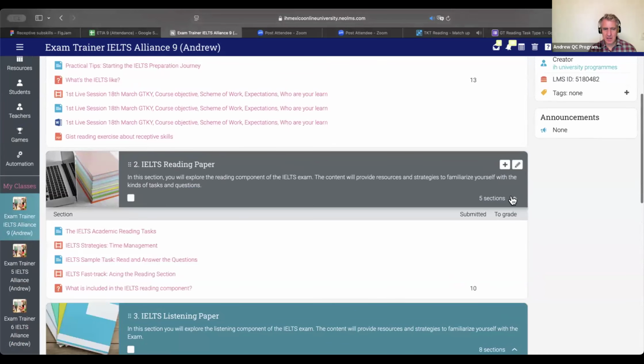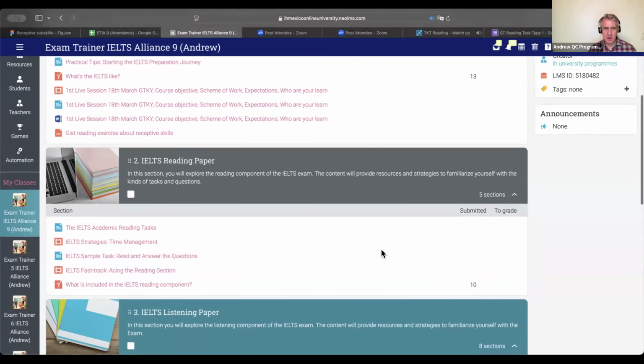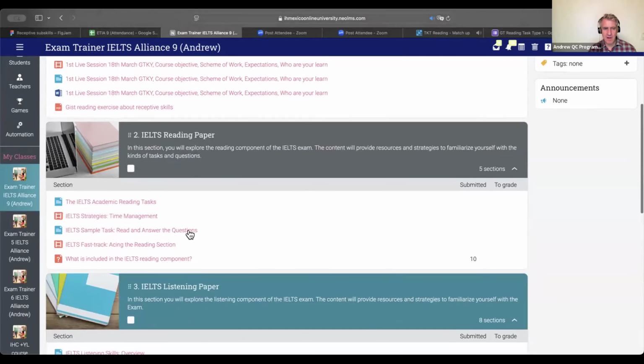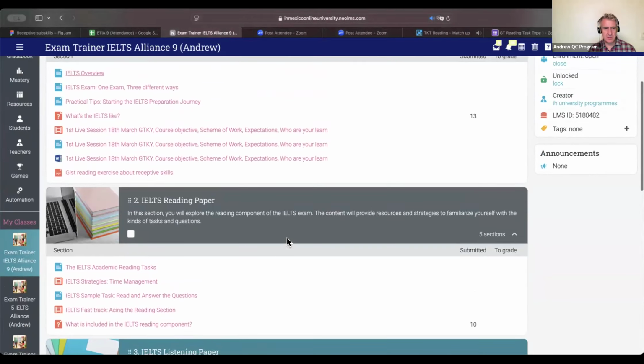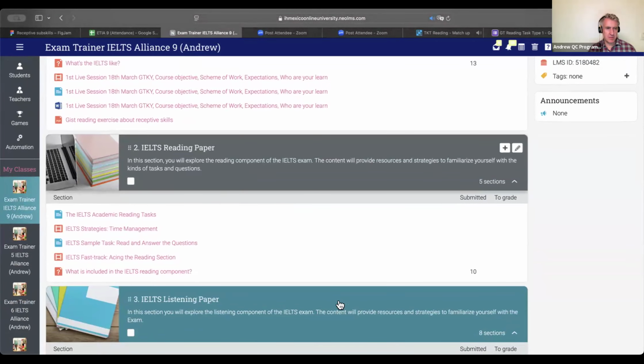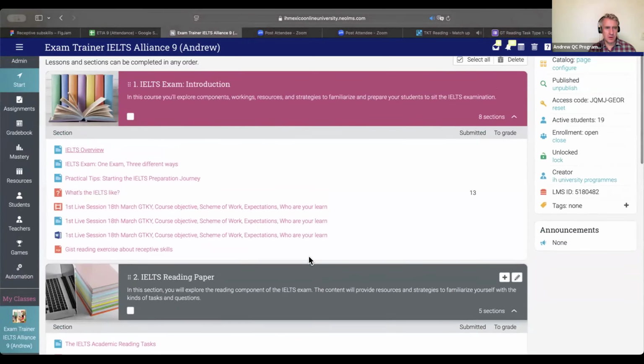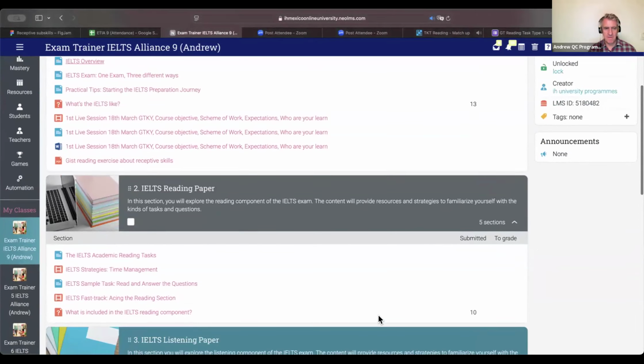And take the opportunity to catch up on other areas that maybe you didn't have a chance to do because you were very busy, such as the reading paper or even the introduction.